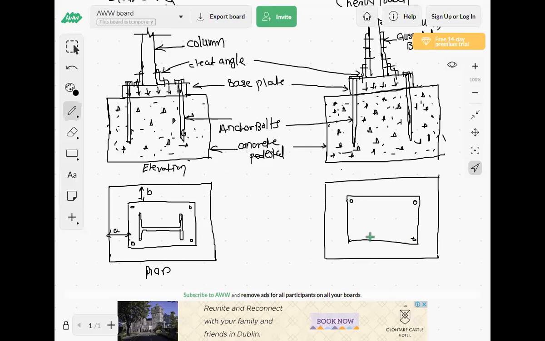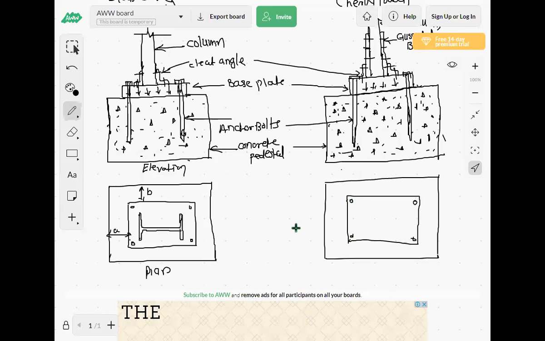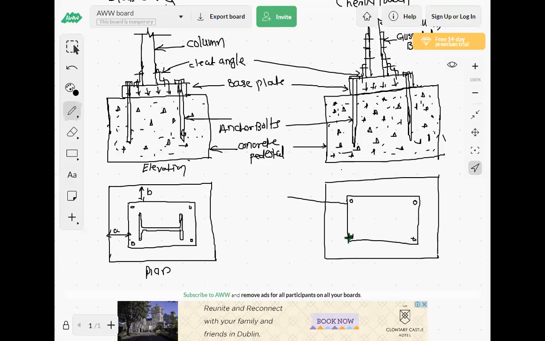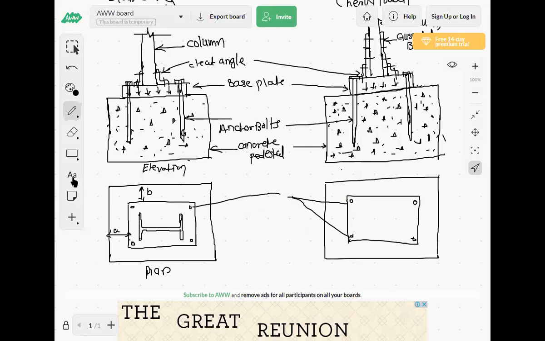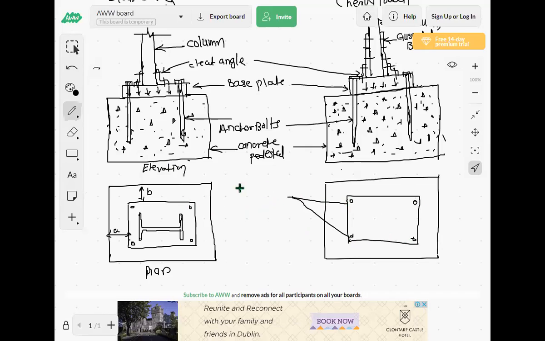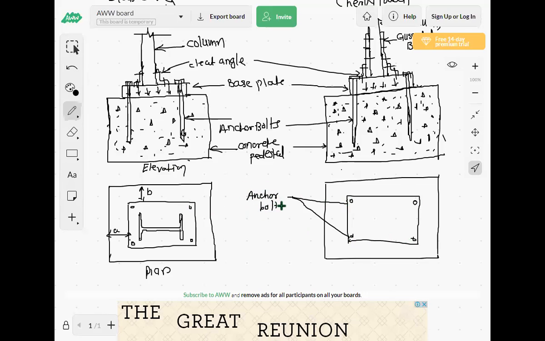The base plate and concrete pedestal are connected by anchor bolts. So these are the anchor bolts.